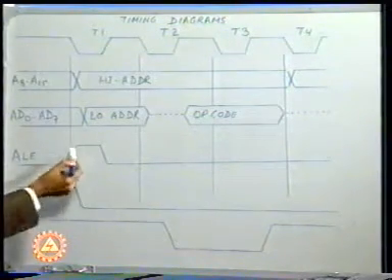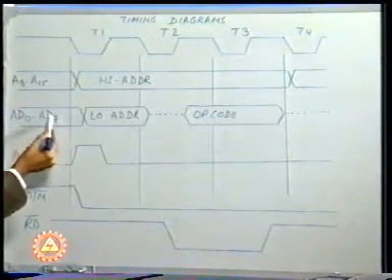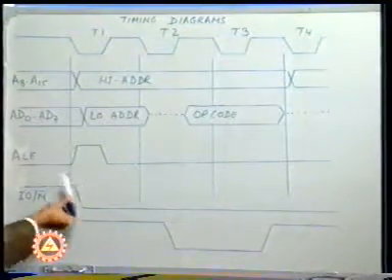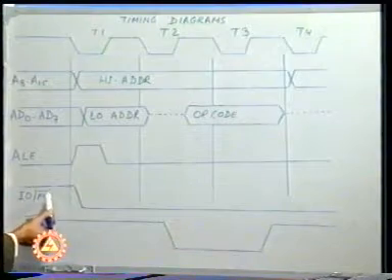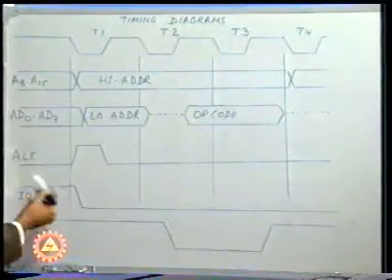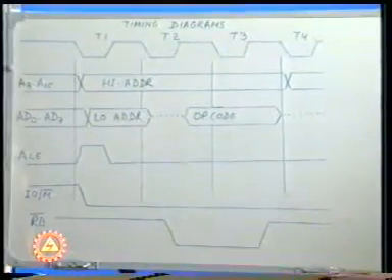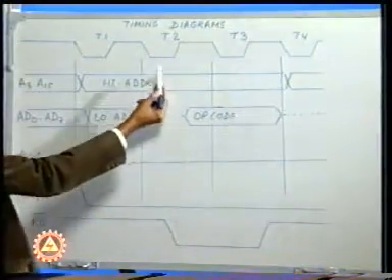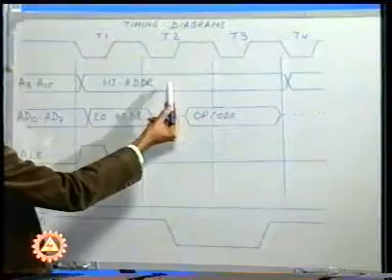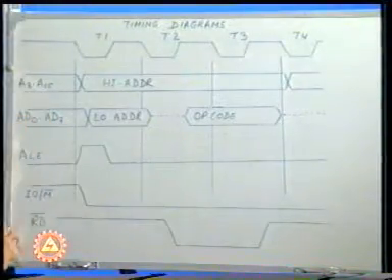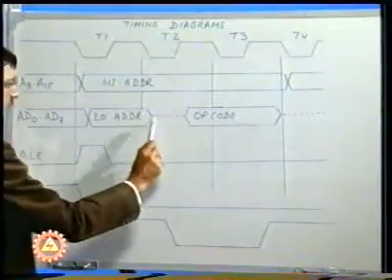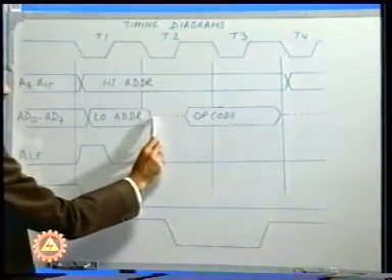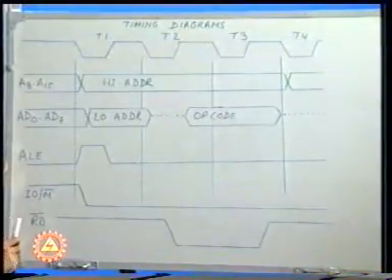This ALE signal is used to demultiplex AD0 to AD7 and generate the address. During the first T state, the IO/M bar goes low, thereby indicating that there is going to be an access to the memory. During the second T state, there is no change as far as A8 to A15 is concerned. As far as AD0 to AD7 is concerned, during the second T state, it initially goes into the tri-state condition.